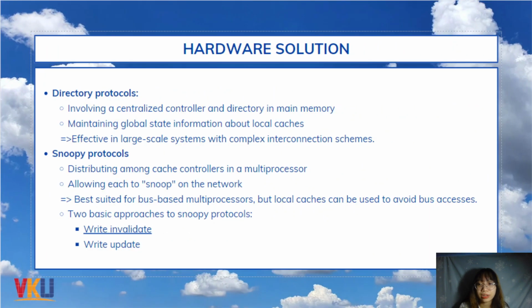The directory protocols involve a centralized controller and directory in the main memory to maintain the global state information about the local caches, so the controller checks the data transfer between the memory and caches and keeps the state information updated.